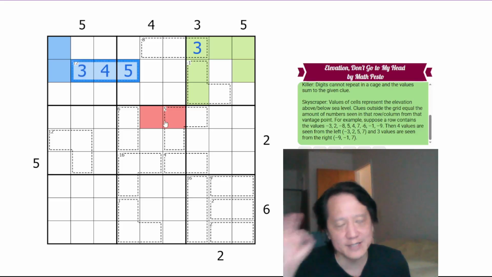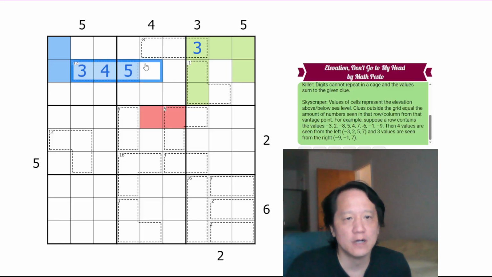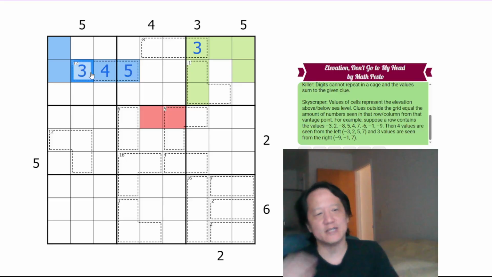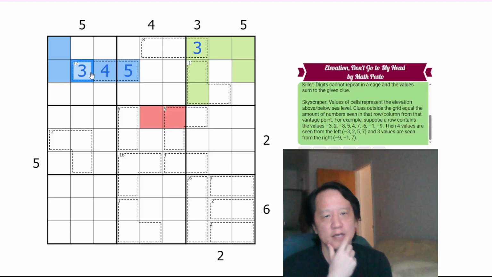And again, you can't have repeats of digits at all in a cage, so keep that in mind.